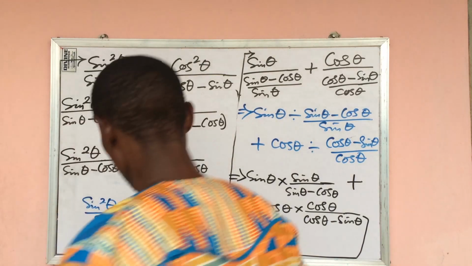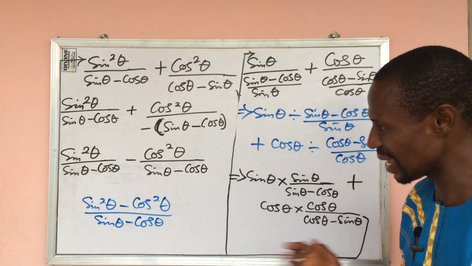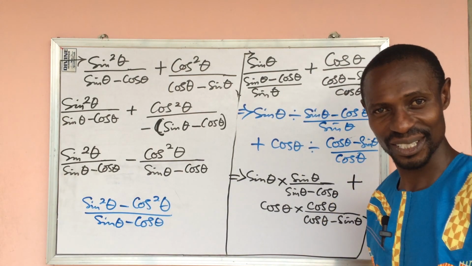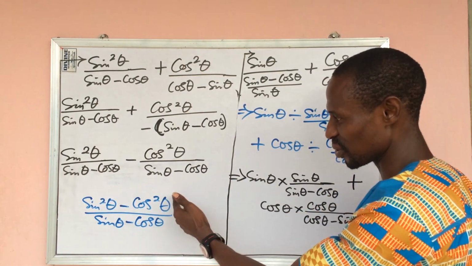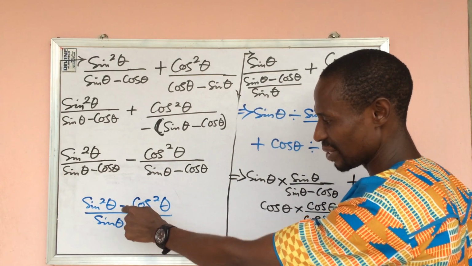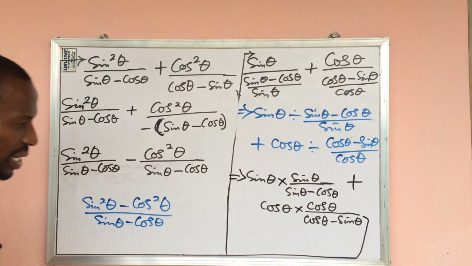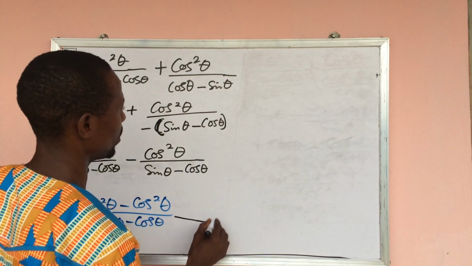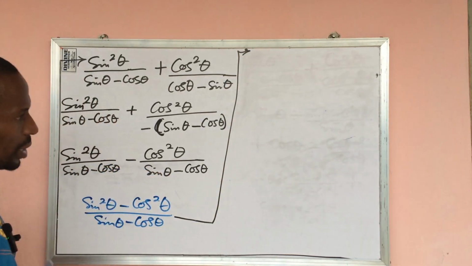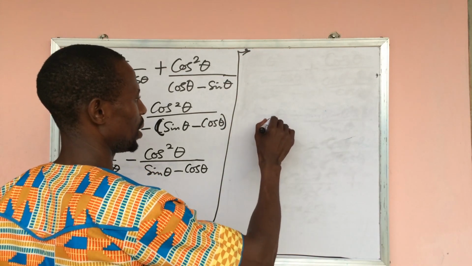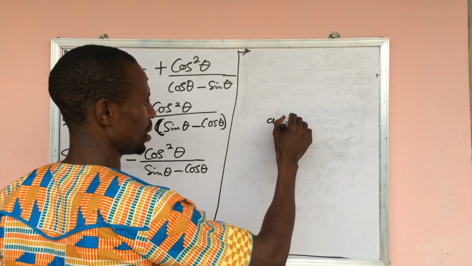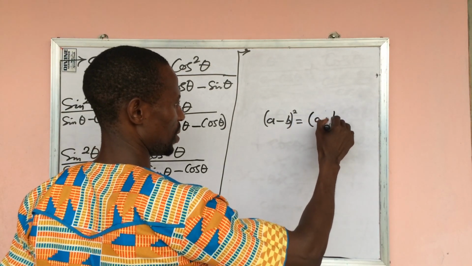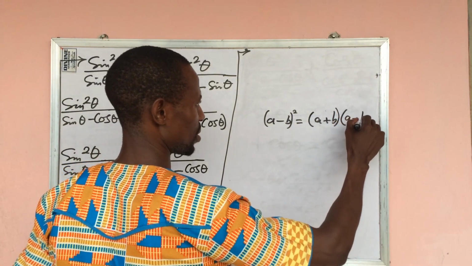Now, if you look at this carefully, we can apply the difference of two squares here, because we have a square and a minus. And what does the difference of two squares say? It says that if you have a square minus b square, this is equal to a plus b times a minus b.